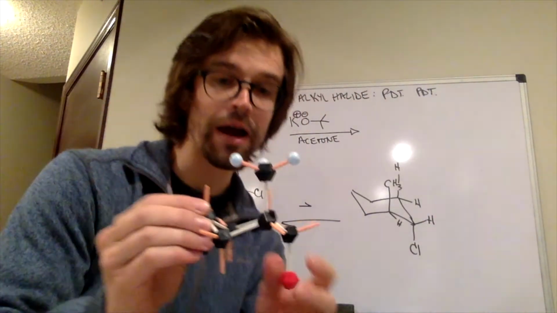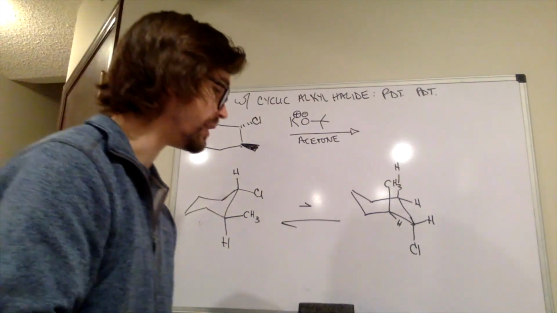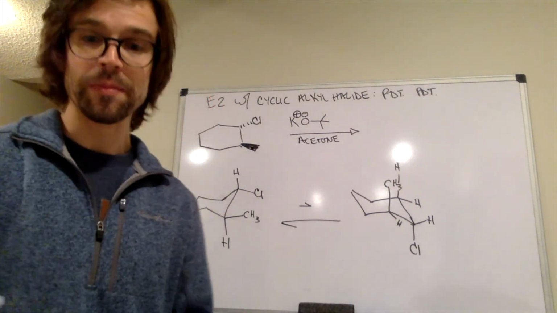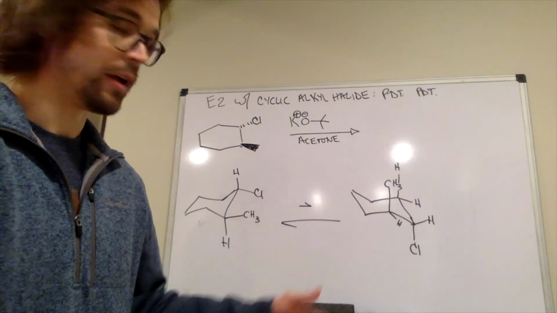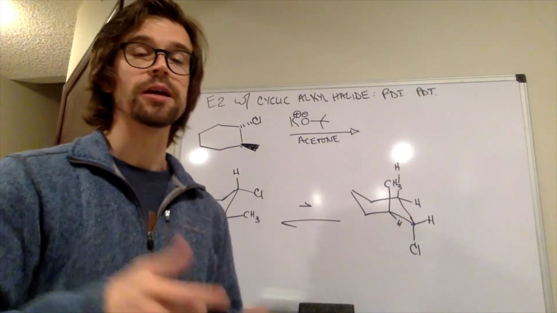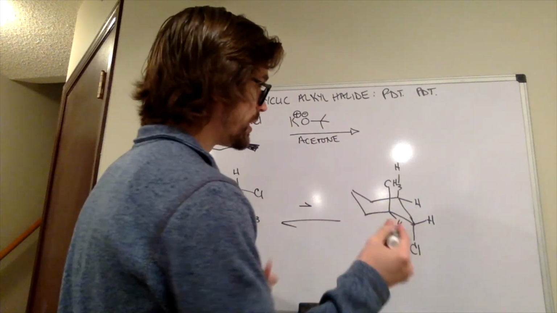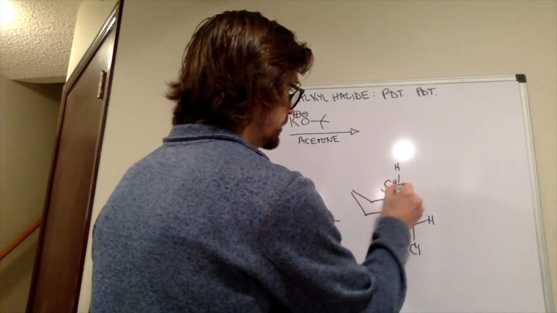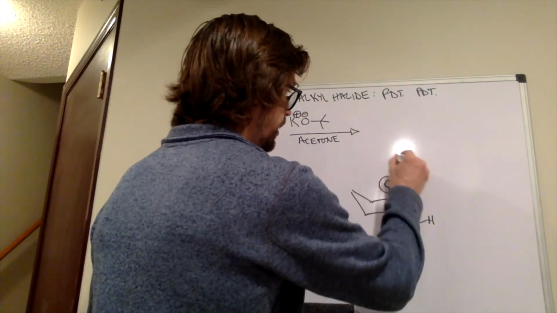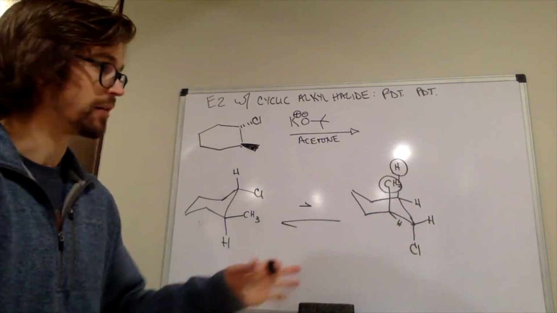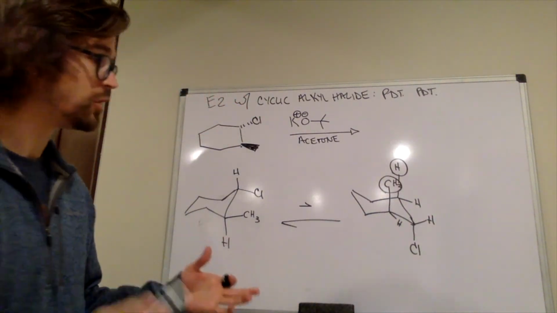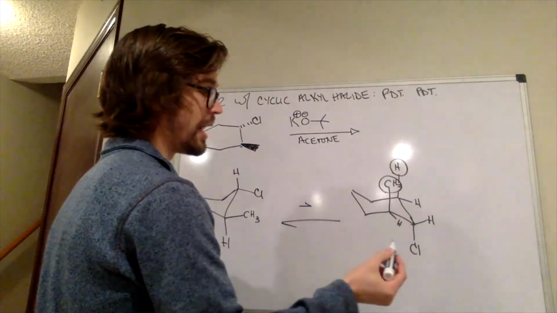Again, we have to remove hydrogens in these elimination reactions. So if a CH3 is antiperiplanar, it's not a reactive group. So this CH3 was antiperiplanar, and that hydrogen was antiperiplanar. So the only thing that can lead to a productive reaction is that hydrogen there.